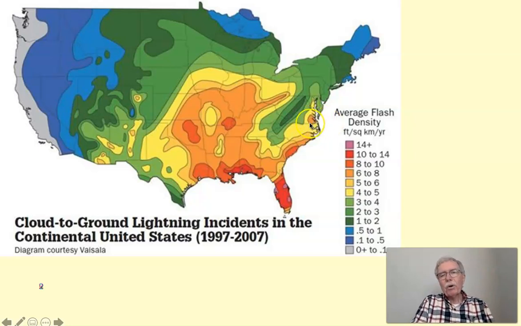Definitely an area where you have to watch out for cloud-to-ground lightning. Notably in the far northeast and in the Rockies and west, there are fewer cloud-to-ground lightning incidents, but not zero. Please understand that lightning can hit anywhere.